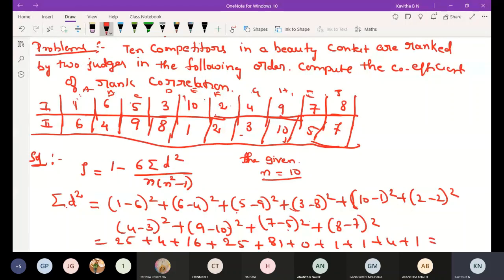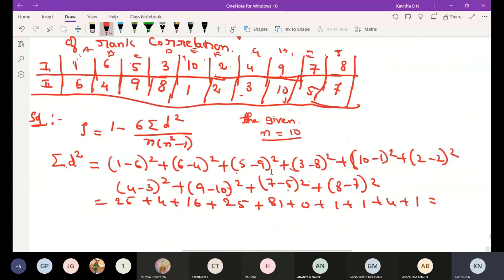Then add it and tell me here, Chandan. 158.